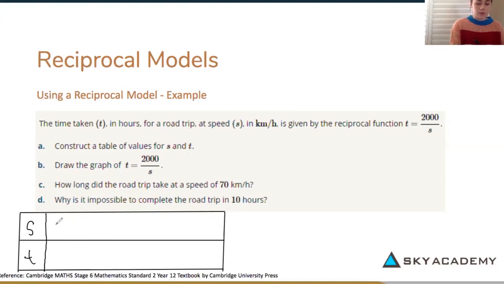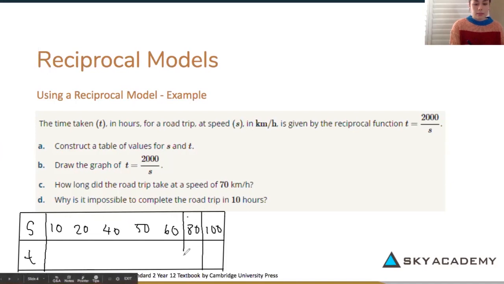So 10, 20, let's go 40, 50, 60, 80, and 100. And let's put that in. And now let's put the values for s into our equation to solve for t.